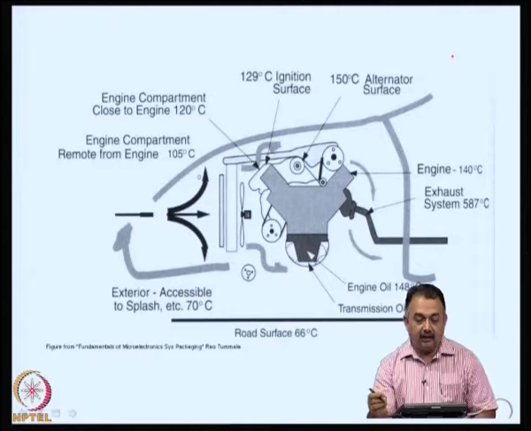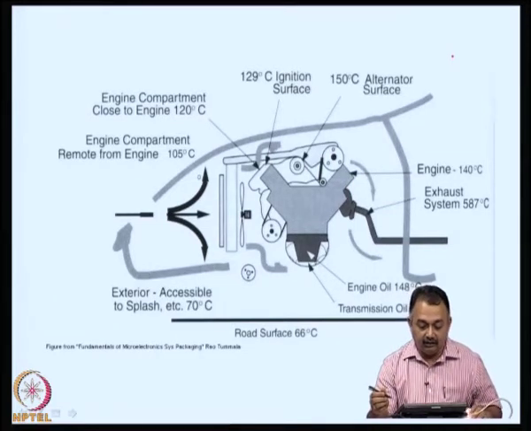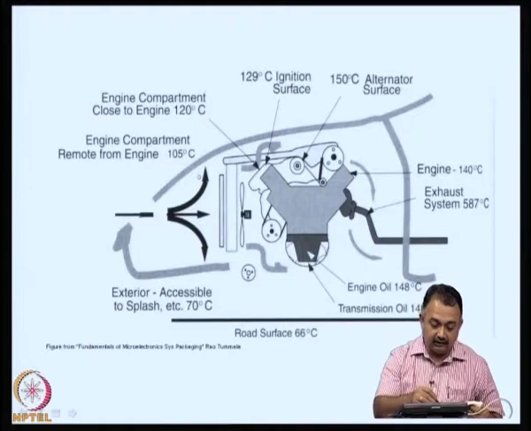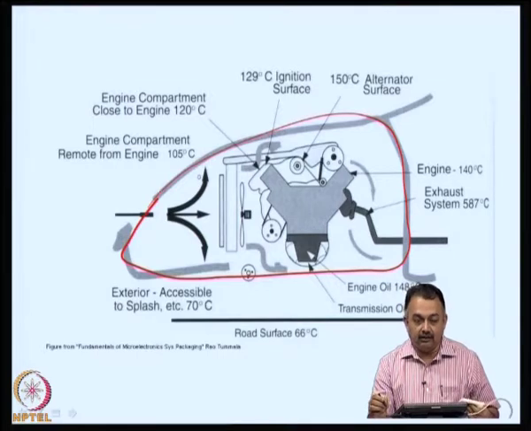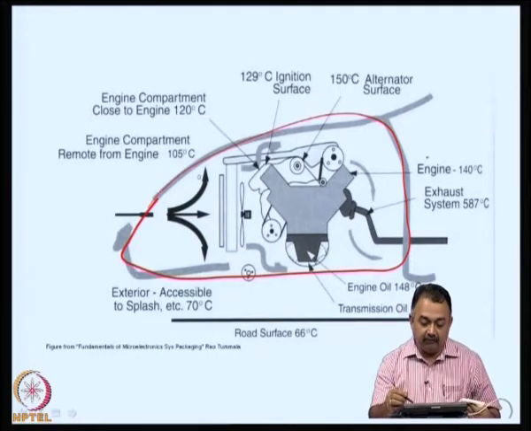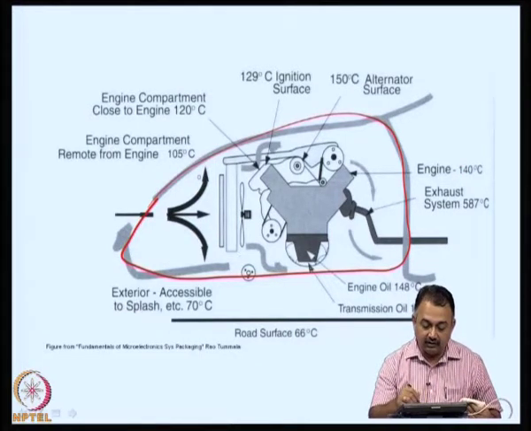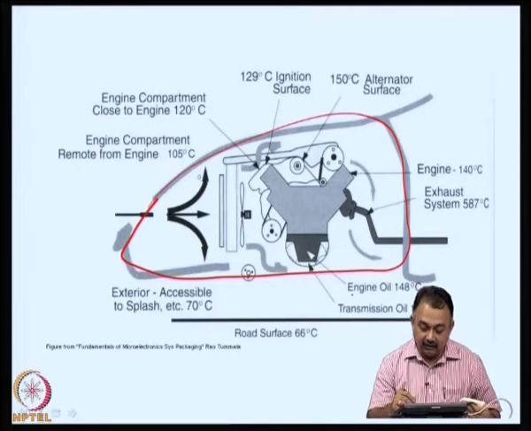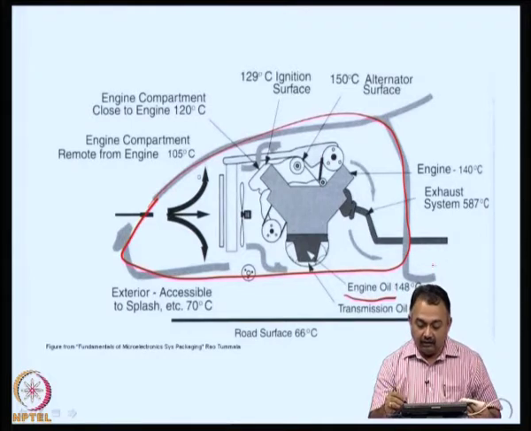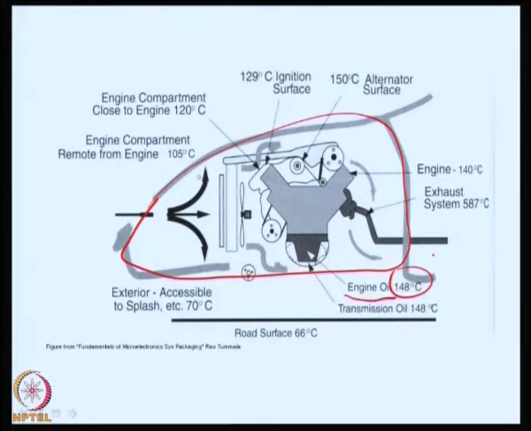Now, if you look at the corrosive atmosphere in the hood, as you can see, this is under the hood. If you look at the picture, this is the front of the car, and you can see there can be various situations where your system or system level boards can be located, and you need to monitor various things like the volume of engine oil present, and while working the temperatures are denoted here. Engine, for example, has a surface temperature at the metal body of 140 degrees.